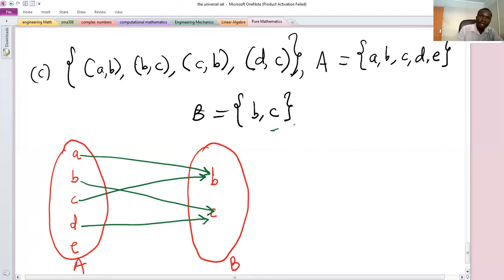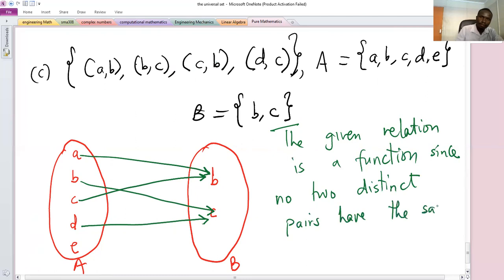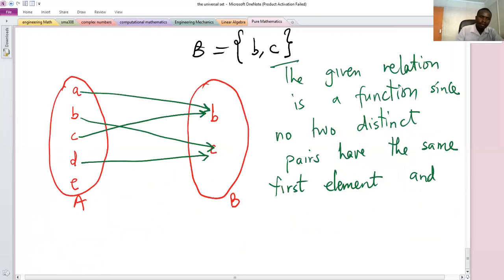So we say the given relation is a function since no two distinct pairs have the same first element and different second elements.